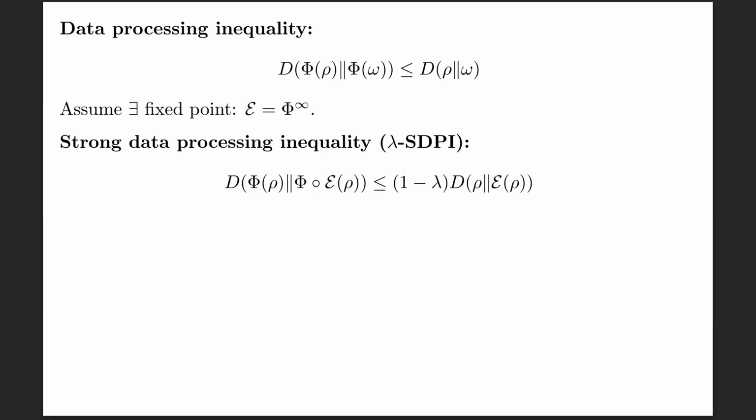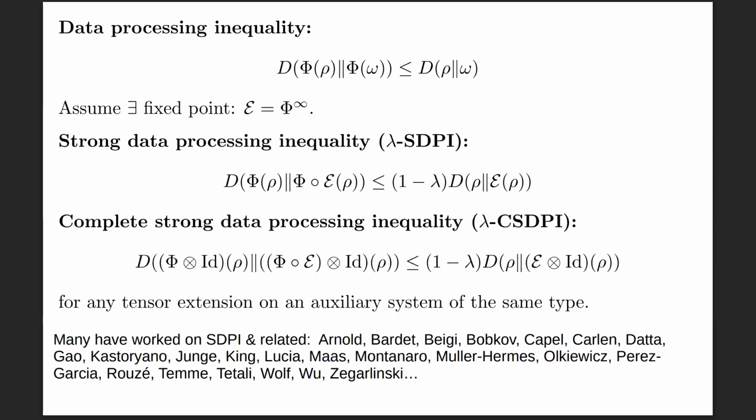Not only is it not increasing under application of a channel to both arguments, but for some channels, and this is channel dependent, we would be able to say that the relative entropy to a conditional expectation has a contraction coefficient. It gets smaller by some factor. And we can strengthen that even a little bit more by saying this would hold under all extensions by auxiliary systems of the same type.